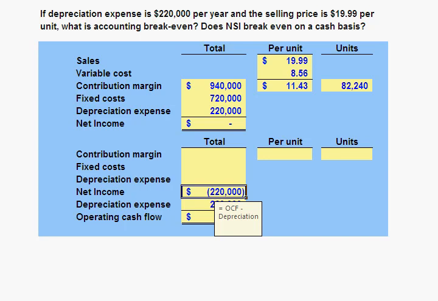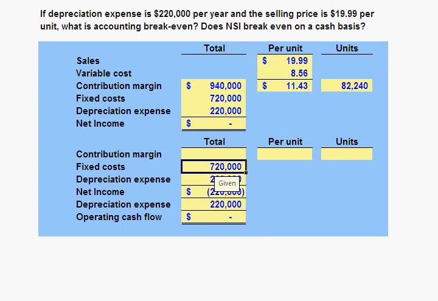Working back upwards again, our depreciation expense was $220,000, this was given, and our fixed costs were $720,000. If we add together our net loss, our depreciation expense, and our fixed costs of $720,000, we find that our contribution margin would need to be $720,000 in order for us to have an operating cash flow of zero.